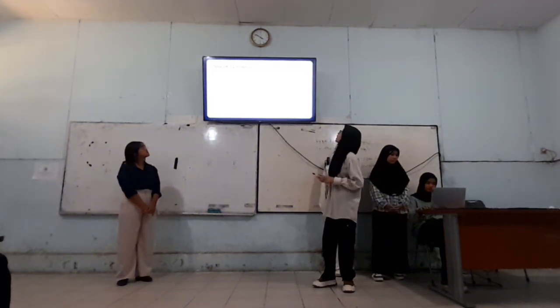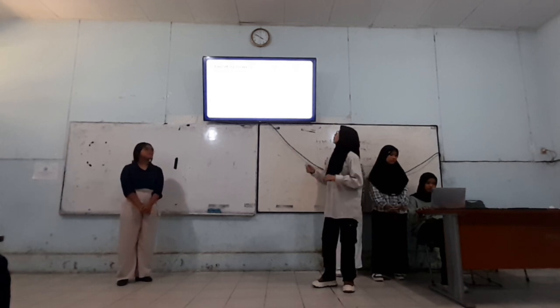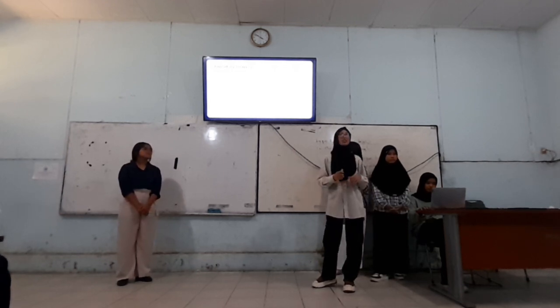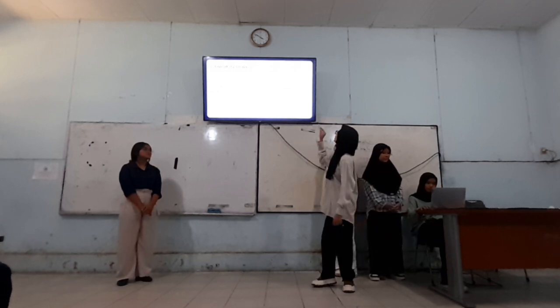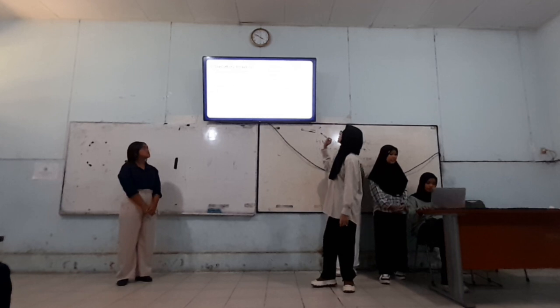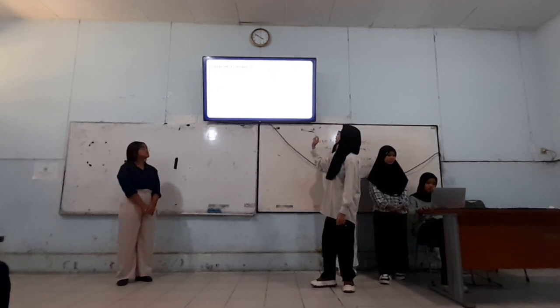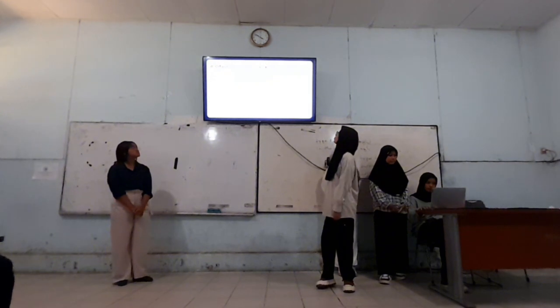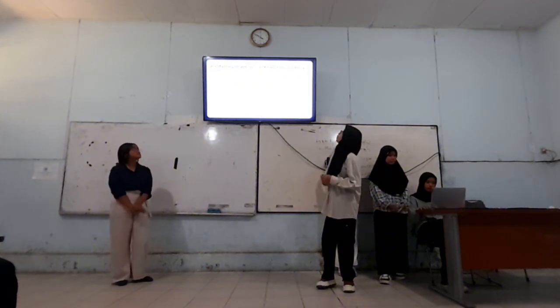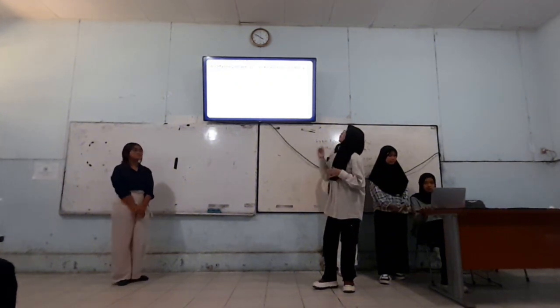Gustatory imagery, the sense of taste. It helps us to imagine the taste of something. For example, these are the plums. They are delicious, sweet, and sour. Then olfactory imagery, the sense of smell.